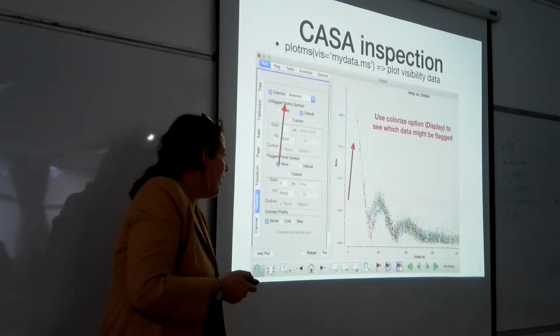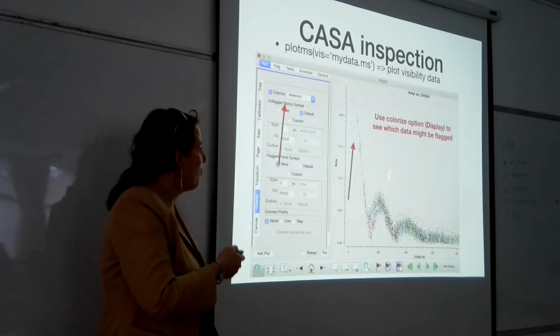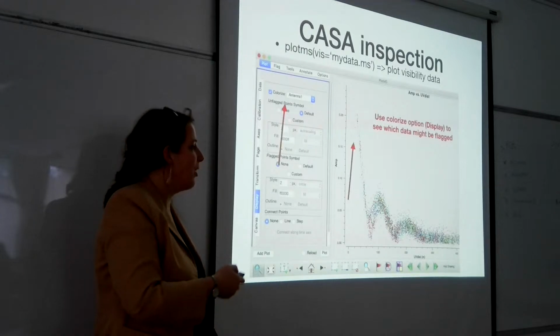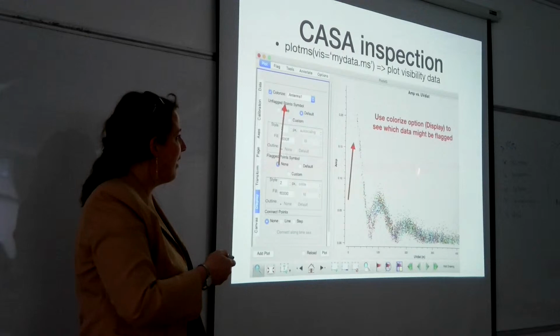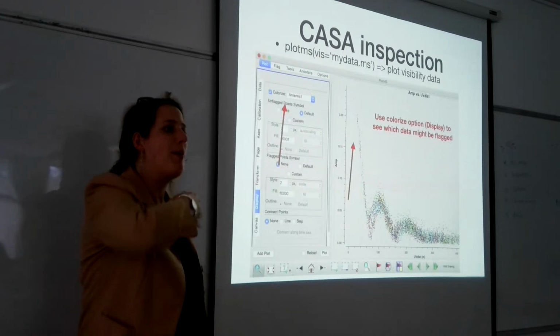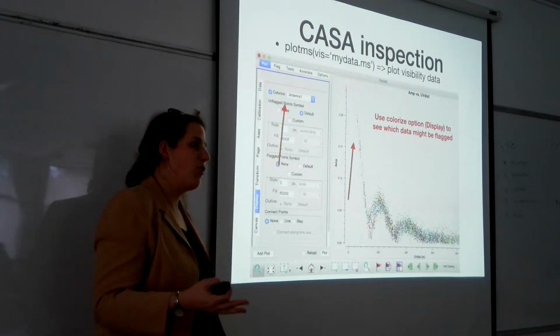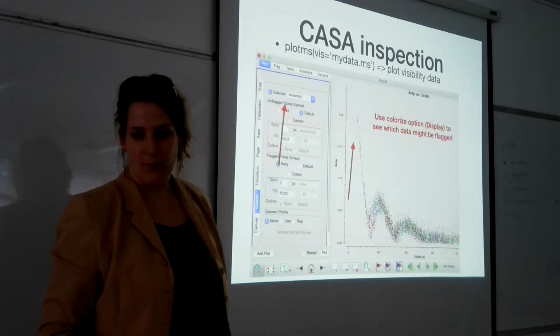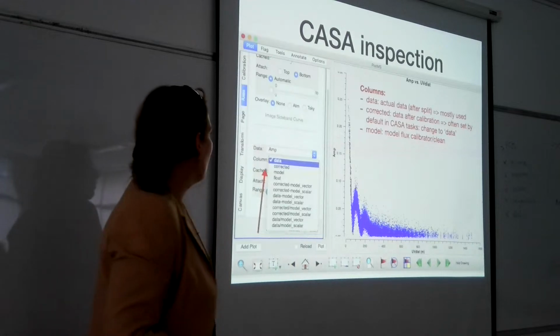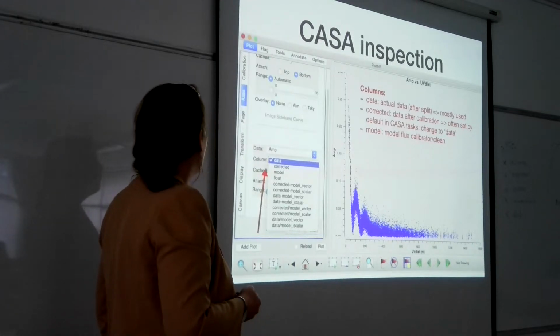Say that you think you have some weird data that seems a little bit offset from the rest, and then you colorize by antenna and you see that it's all the same color. Well, maybe that whole antenna produces bad data, so you just want to flag it altogether. So also here, just play a little bit with that.